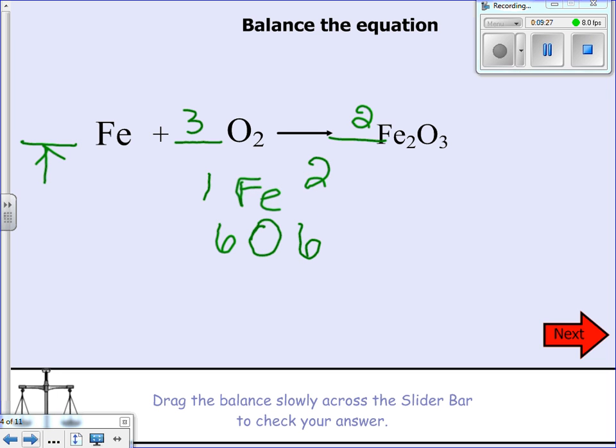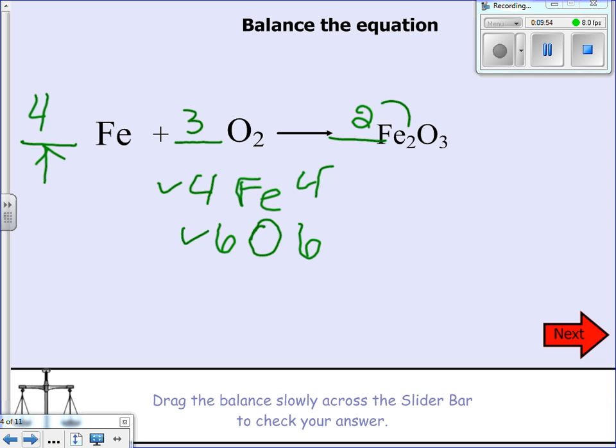Now that's messed up my iron on the product side, because 2 times 2 would be 4. And then on the left side I only have 1 iron, so I should put a 4 in this very first blank. Alright, so my iron's balanced, oxygen balanced, done.